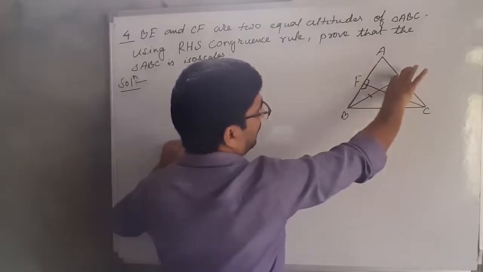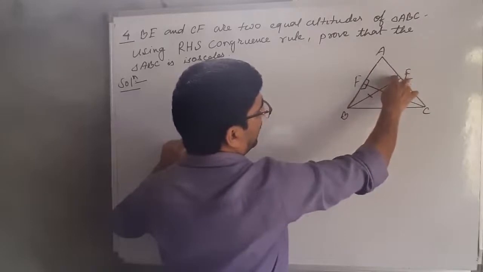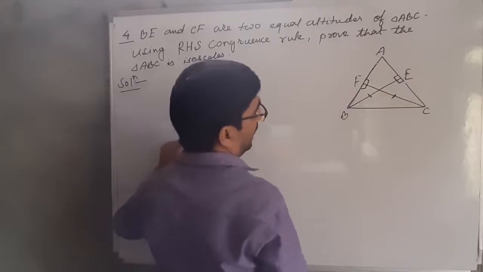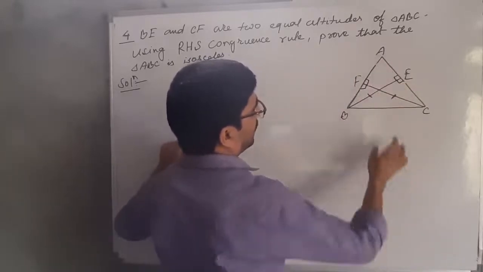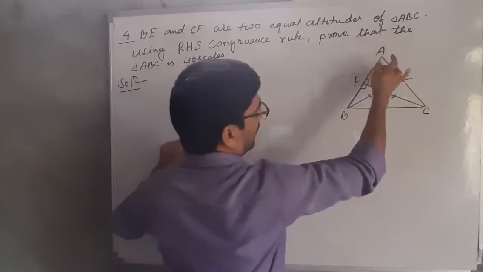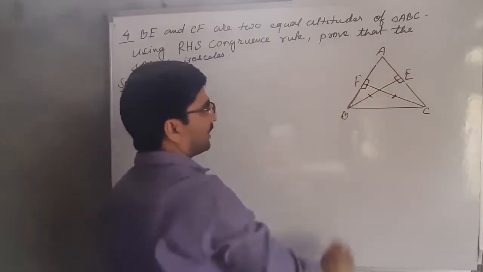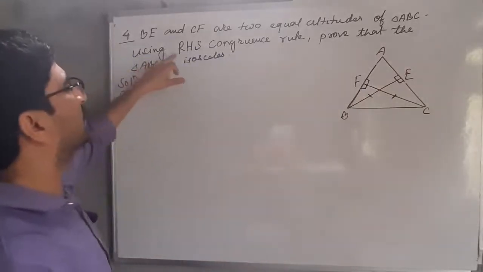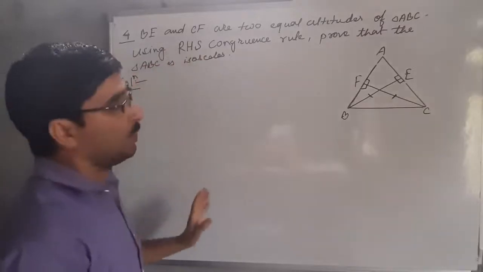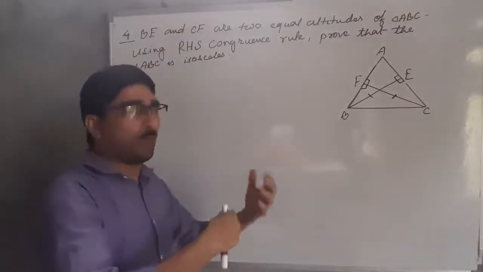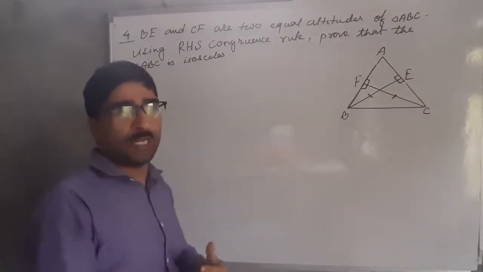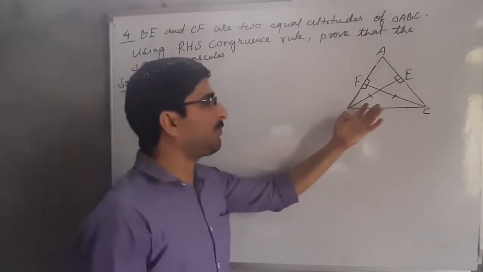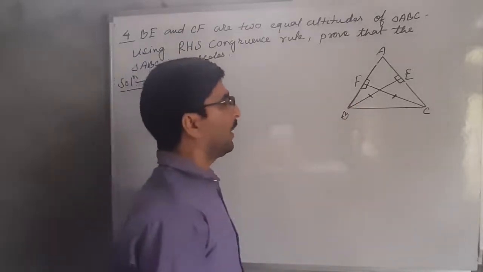Angle AEB equals angle AFC, these two angles are equal because each is 90 degrees. And angle A is common for both triangles. That means according to angle side angle, these two triangles can be congruent. But angle side angle we cannot use here, since we are using RHS only to prove. So that will not be the proof for this question. Instruction is given, only you can apply the RHS rule. So to prove with the RHS rule, how can we do this? Check.